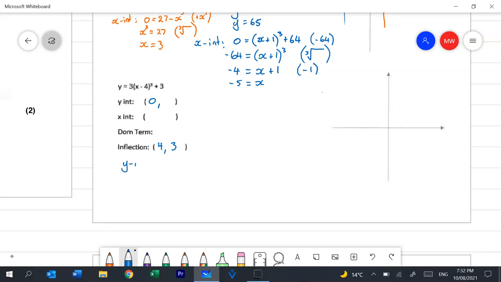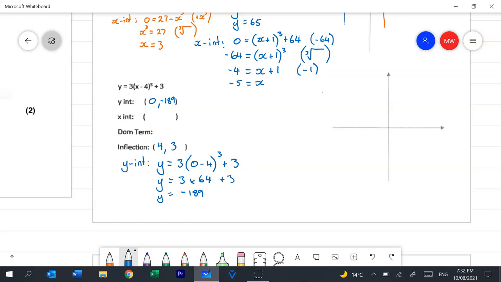So if we're working out the y-intercept, y will be 3 times nothing minus 4 cubed plus 3. So y will be 3 times 4 cubed, which is 64, plus 3. y will be negative 189.